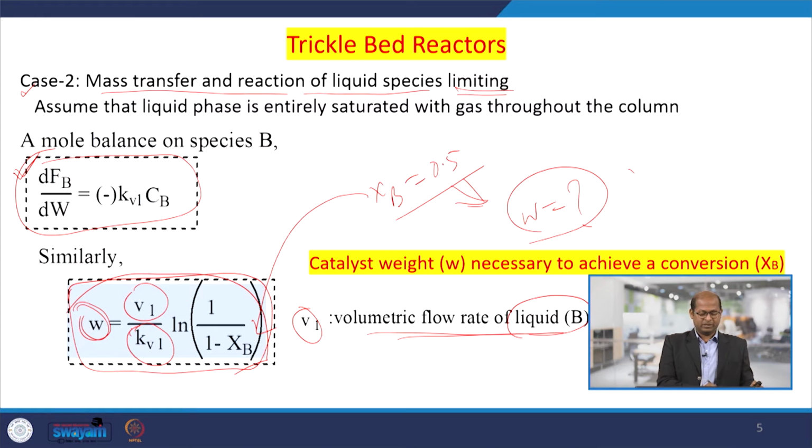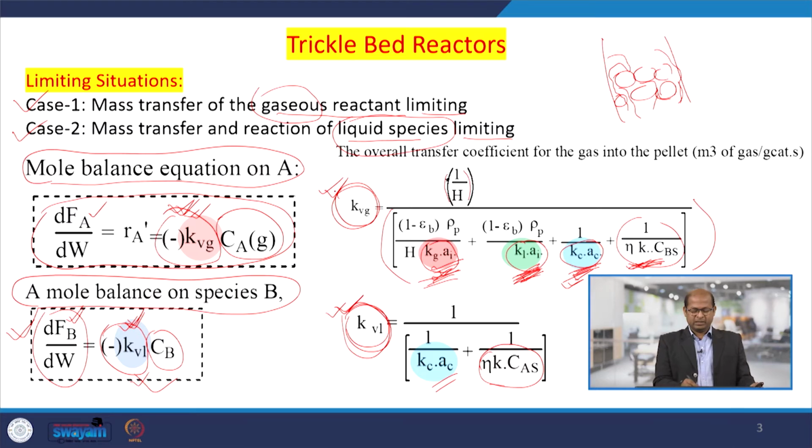Here this component is very important, meaning how we can find out K_VL or K_VG for the gas and liquid components. There are many correlations. I discussed here that for K_VG there are 4 components you have to find out, and for K_VL these are the 2 components.